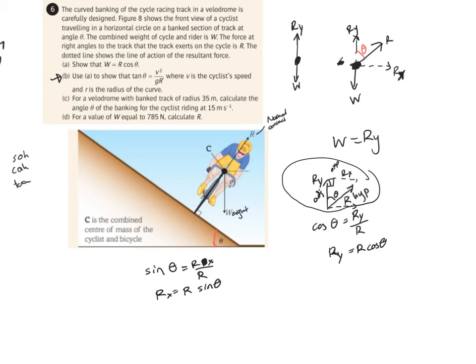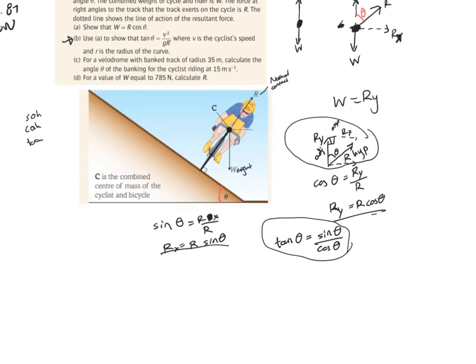Since I have two expressions now, I have this expression and this expression, I know that tan theta can be calculated using sine theta divided by cos theta. This is a thing that you must have learned in maths so far. So if I divide the two expressions, that means I can get rid of the normal contact force if I'm not given it to calculate it.